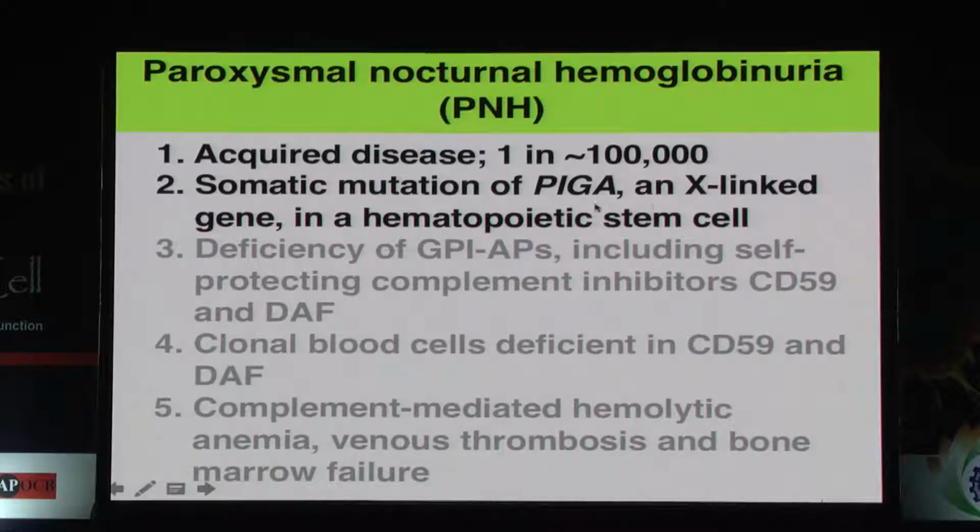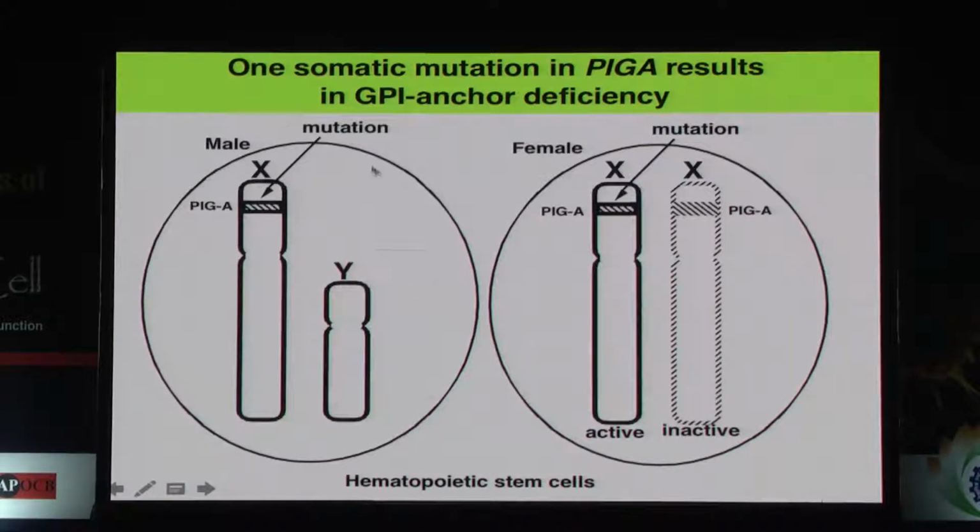And PIGA is an X-linked gene. So in the hematopoietic stem cell of a male, of course, there is only one PIGA gene, on one X chromosome. So one somatic mutation, one hit, immediately causes the GPI-anchor deficiency. So the GPI-anchor pathway is quite sensitive to somatic mutation. This one hit causes the deficiency.